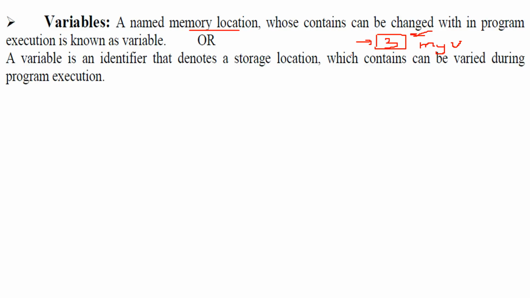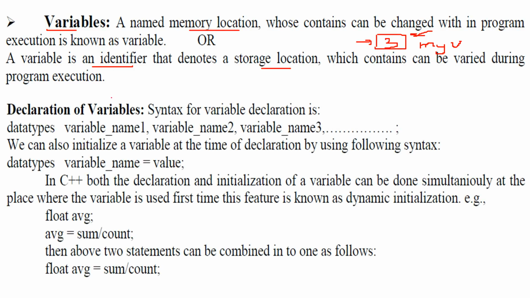So that is why we call it a variable. The name has come from vary, so it can vary. So a variable is essentially an identifier that will denote a storage location whose contents can be changed or varied during the program execution.